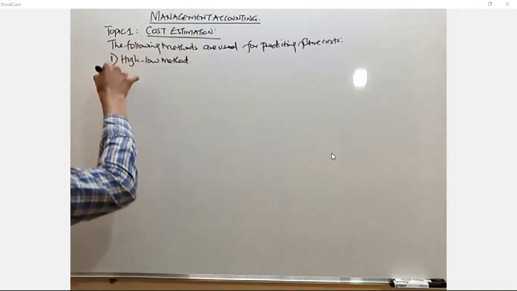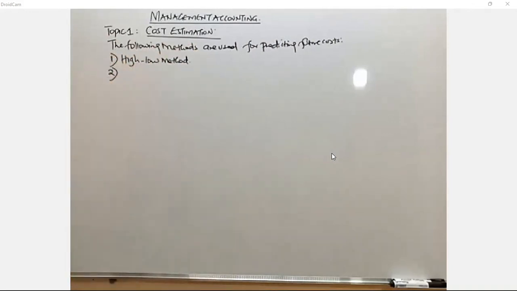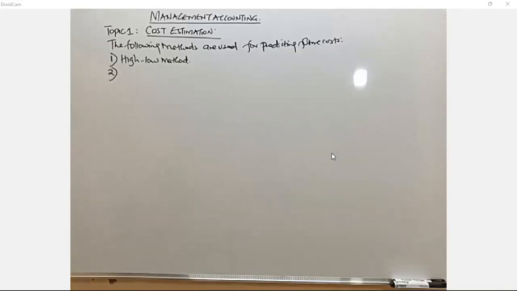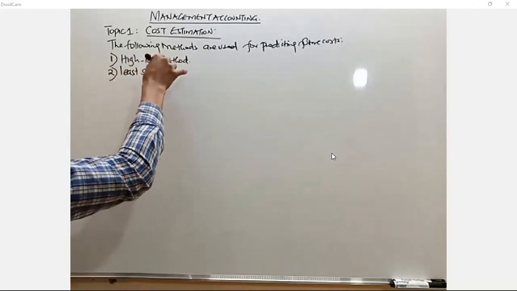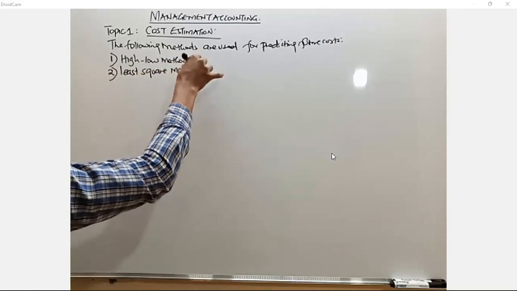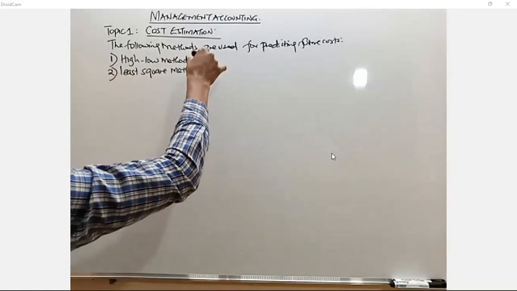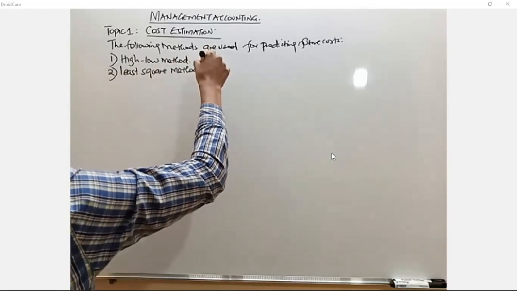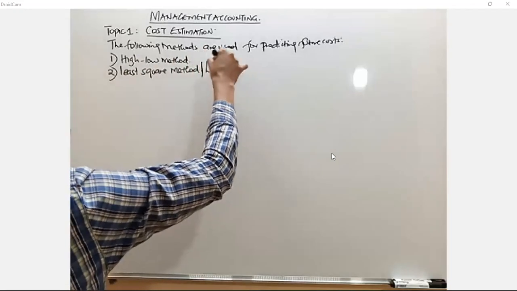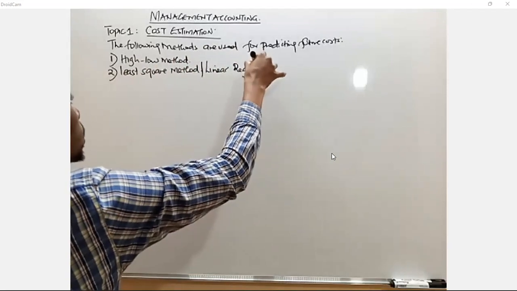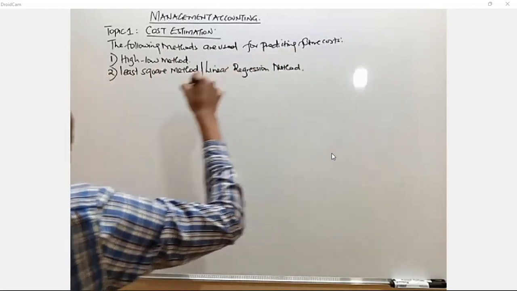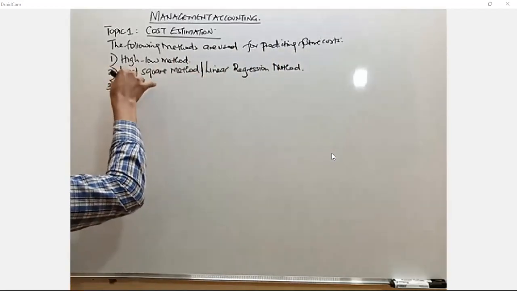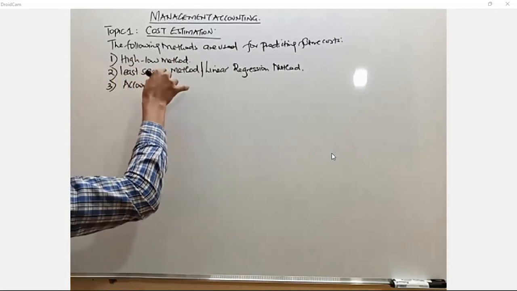Number two, one of the concepts mostly used by examiners, is normally called the least square method. Number three, we normally call it the linear regression method. Then we also discuss the account analysis method.